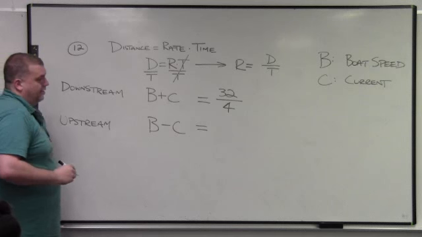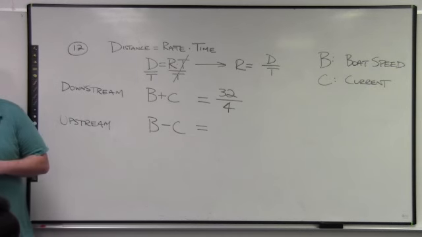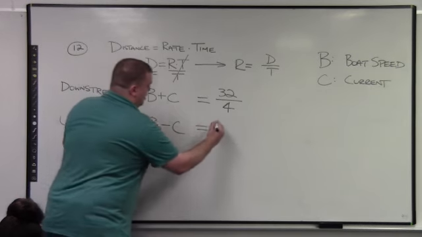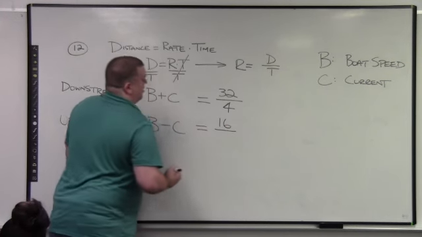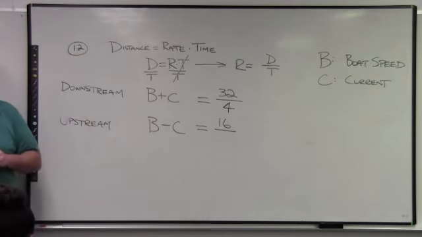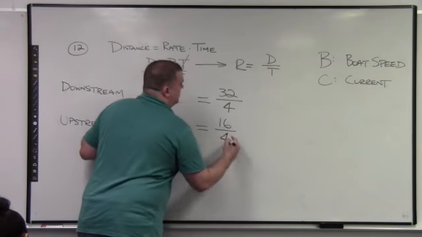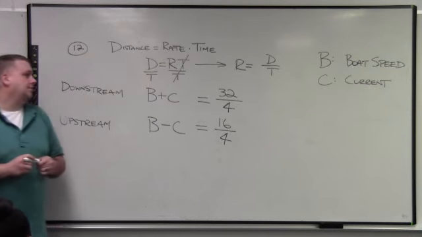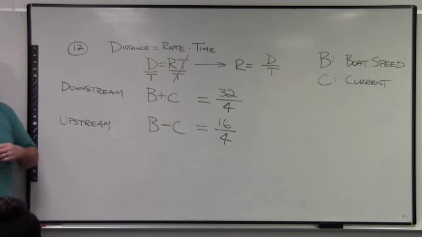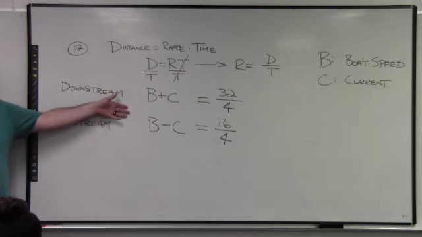How far am I traveling upstream? 16 miles, right? And how long is that trip taking? Same amount of time, so 4, the same amount of time the downstream trip took. Well, can I reduce those fractions? Can this divide evenly?